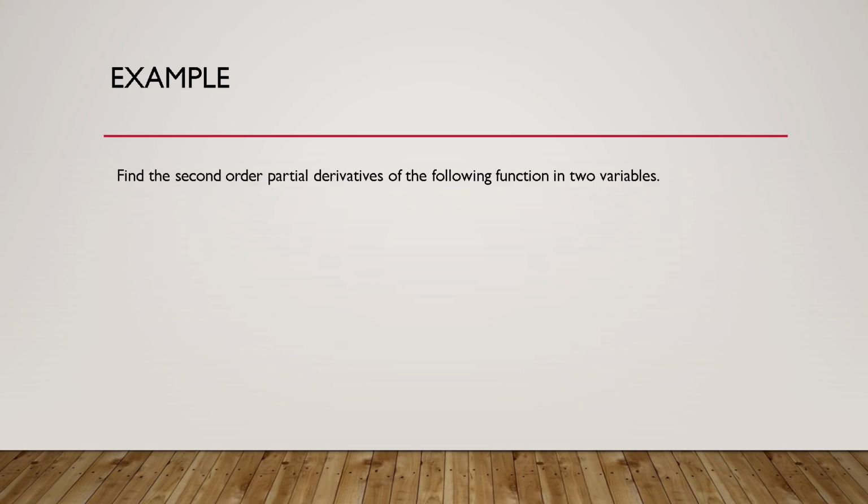For example, find the second-order partial derivatives of the following function in two variables. F of xy equals 6x squared minus 8xy plus 9y squared. For the first partial derivative of f with respect to x, we consider the y terms as constants. Therefore, the derivative of 6x squared is 12x, the derivative of negative 8xy is negative 8y, and the derivative of 9y squared is 0.